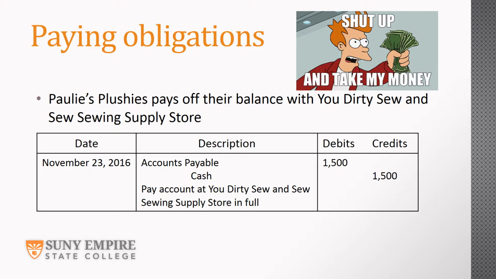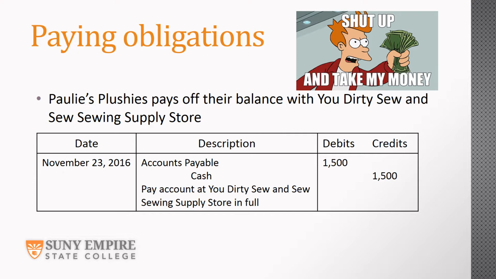Recall that liabilities accounts decrease with debits. The debit goes into accounts payable in the amount of $1,500. This is matched by a credit to cash. As always, the journal entry ends with a brief description of the transaction, stating where the payment went and what the payment was for.